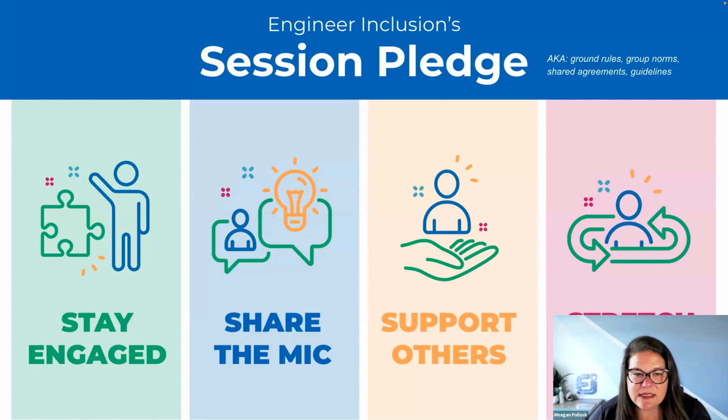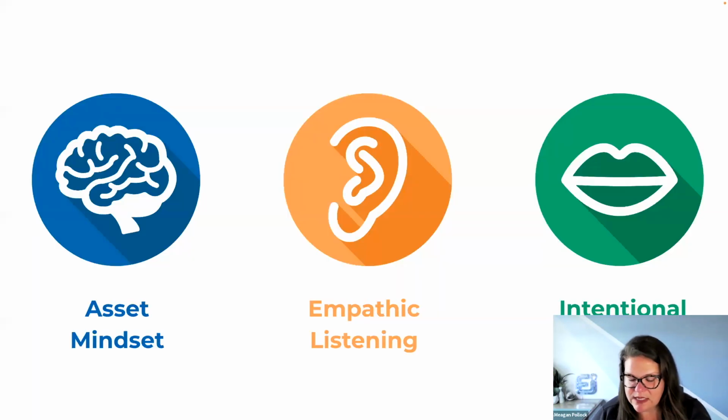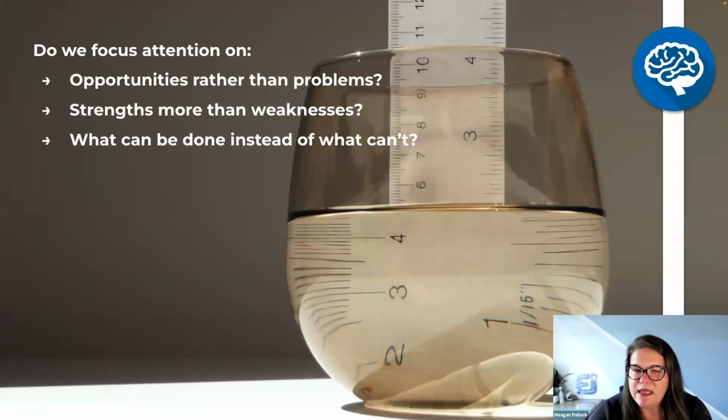Now, the outline for today's conversation, we've got 3 key things that we're going to be talking about. We're going to be talking about asset mindset, empathic listening, and intentional feedback. And so to dive into asset mindset, I like this imagery here of the glass half full, glass half empty, however you see it, because when we talk about asset mindset, it's this prompt of thinking about, are we focusing our attention on opportunities or problems?